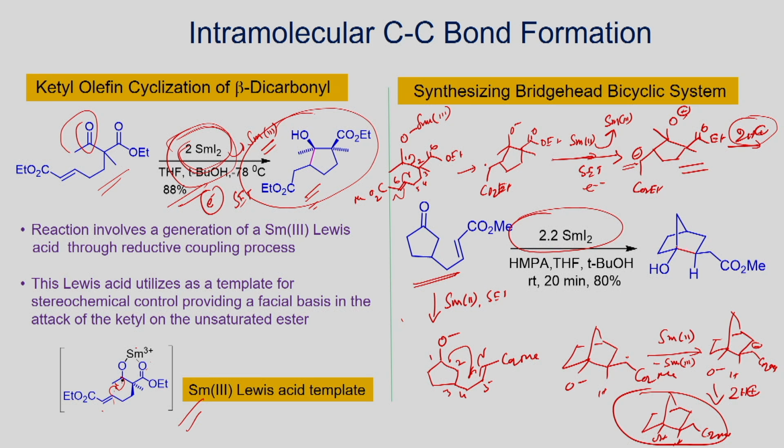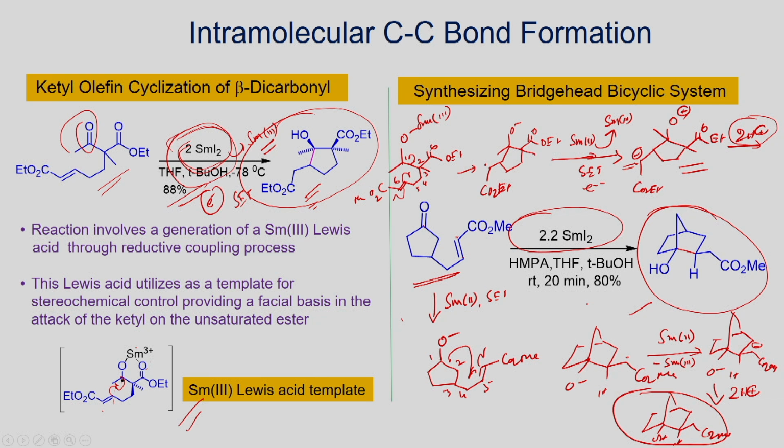Here you make a new carbon-carbon bond between this carbon and this carbon. In addition to that, whatever radical you form, you convert into a carbanion, which can be treated with a proton source. In this way you will be able to make a bicyclic alcohol as the product.